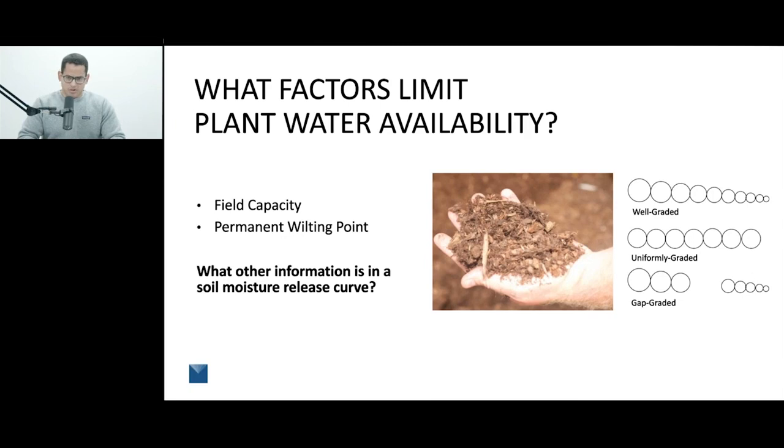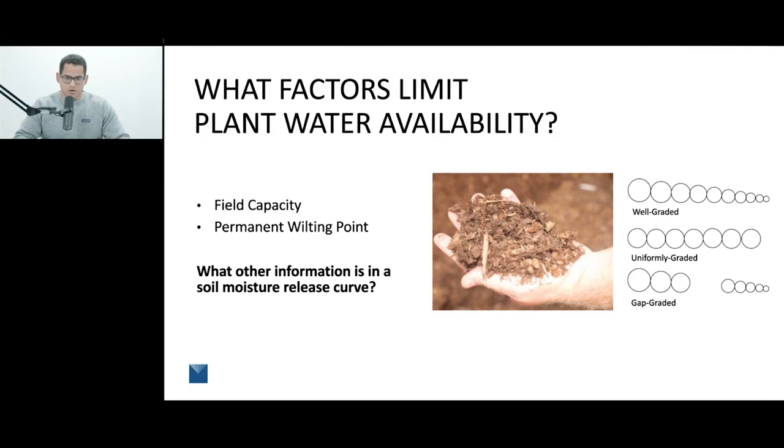Or a gap-graded soil, where we have a good distribution of some of the bigger pores and some of the smaller pores, but we're missing some of the middle range of pore sizes. Why does that matter?